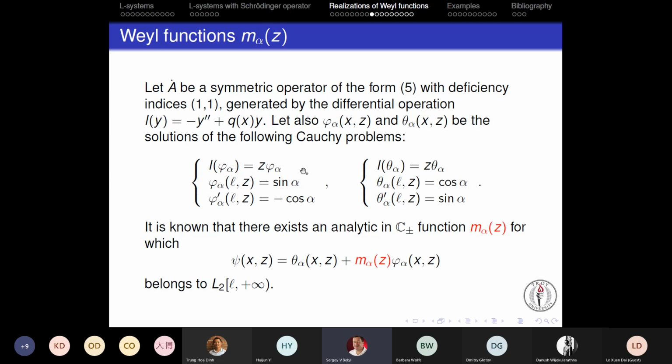They call them Weyl function, and there is a parameter alpha here, which pretty much works the same way it worked for M infinity. So M alpha is a function such that the combination of solutions of two alpha-dependent Cauchy problems belongs to the space L2. M infinity is a special case of M alpha.